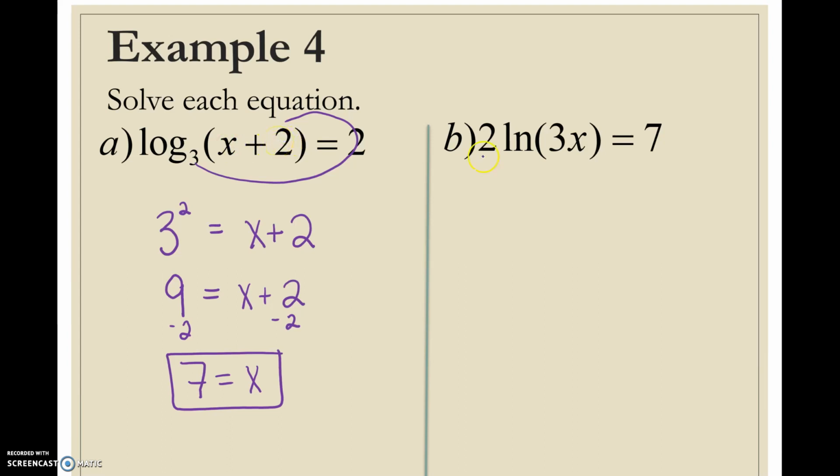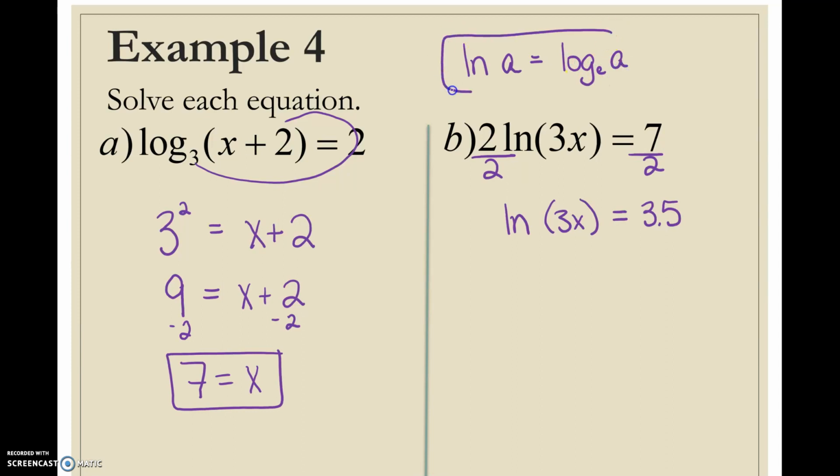All right, let's try this next one. We divide both sides by 2 to get ln by itself. And since this is probably going to be a decimal anyway, I'm going to do 3.5 for 7 divided by 2. You need to remember what ln stands for. ln is the same as log base e.